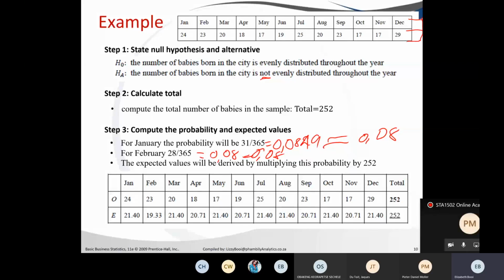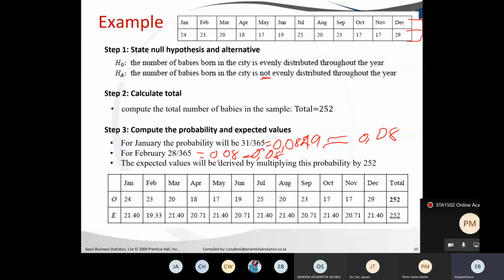But if you keep all the decimals, you will notice that 31 divided by 365 is different to 30 divided by 365. If you take the answer for 31 divided by 365 multiplied by 252, you will find that it is 21.40. And if you take the answer for 30 divided by 365, you will see the answer will be 20.71.